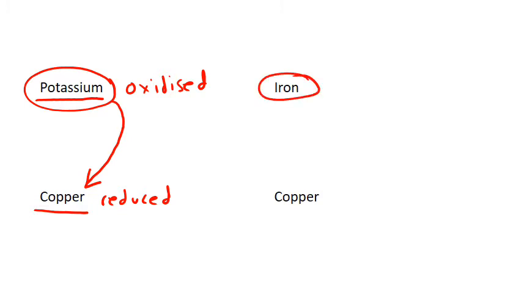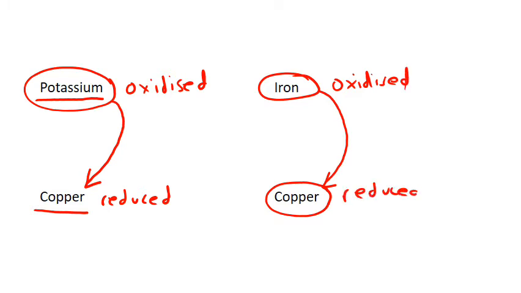If I join something like iron as one half cell, iron in a solution of iron ions, with copper as the other electrode in a solution of copper ions, I would still expect, because iron is more easily oxidized than copper, the electrons to move that way. The iron will be oxidized, the copper will be reduced, but I would not expect this reaction to happen nearly as quickly with iron as it does with potassium, because potassium is just so reactive and loses electrons so easily.